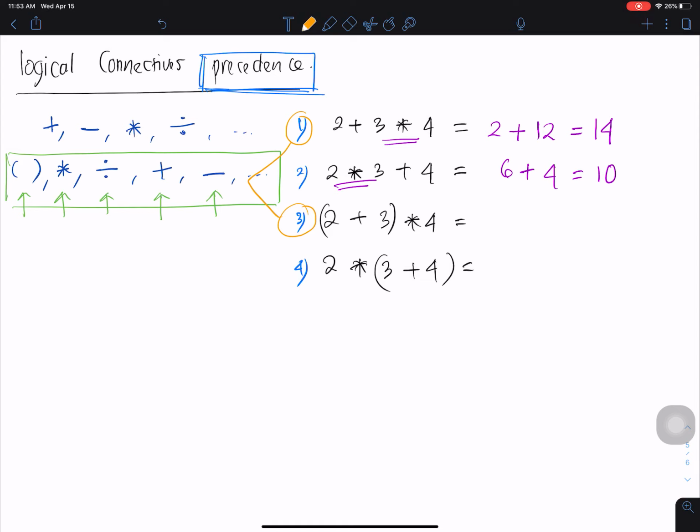As I mentioned earlier, bracket is the first one we have to solve. So in this case, the result will not be 14 anymore, but it will be 2 plus 3 first, 5, then times 4, the result will be 20. So you see the result is no longer the same. The numbers that we use are the same, just that the brackets occurred in number 3, so it becomes another scenario.